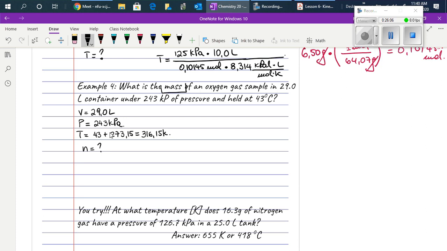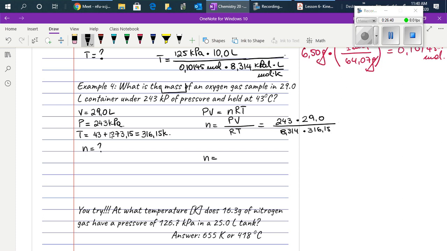Okay, so now we'll start always with PV equals nRT. From here we find n as PV over RT. So in this situation, what we will have is 243, I'm not writing the units now because you get that they will be cancelled out, times 29 over 8.314 times 316.15.